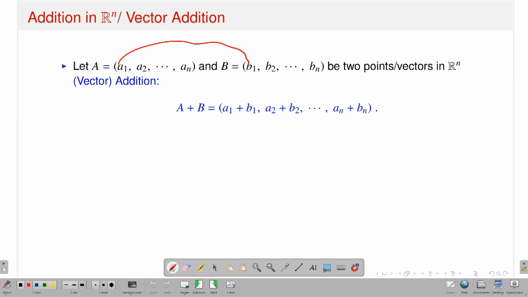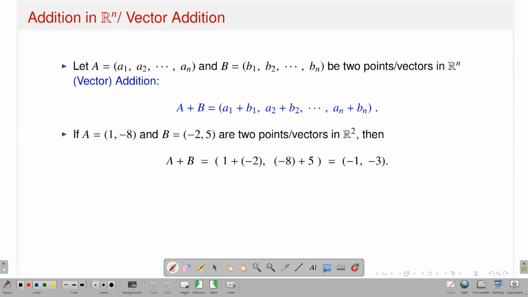Add A1 with B1, that is A1 plus B1. Then the second coordinate is A2 added with B2. Then the nth component is An added with Bn. This is coordinate-wise addition. A plus B equals A1 plus B1 as the first component, A2 plus B2 as the second component and An plus Bn as the nth component.